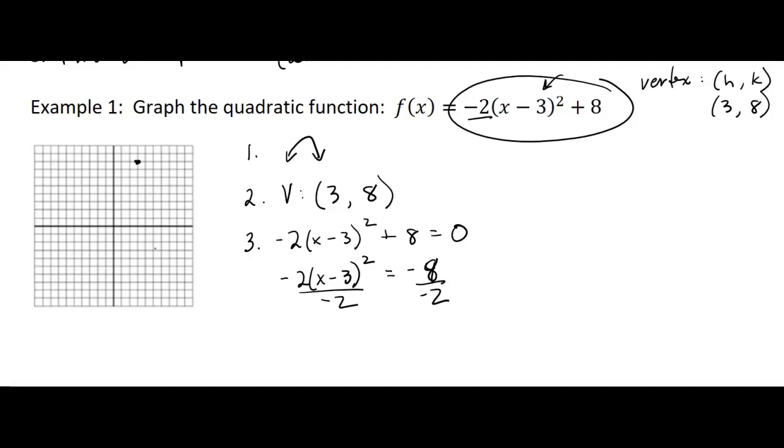Okay, sorry. It was a -8. The 8 is coming on the other side, -8. Divide by -2. You get x minus 3 squared equals 4. Okay, great. Now you can take the square root of both sides. But remember, it's plus or minus. So now you have x minus 3 equals plus or minus 2, because the square root of 4 is 2.